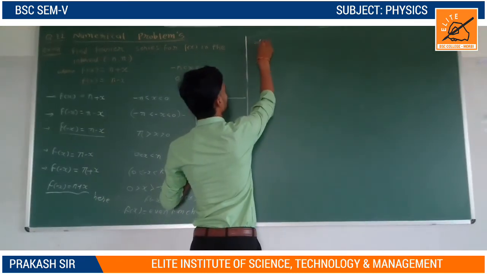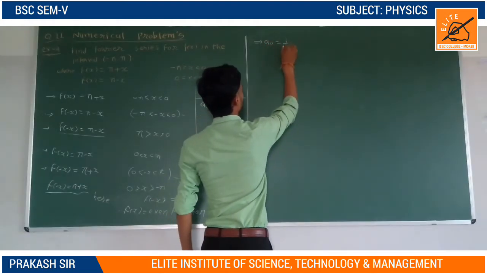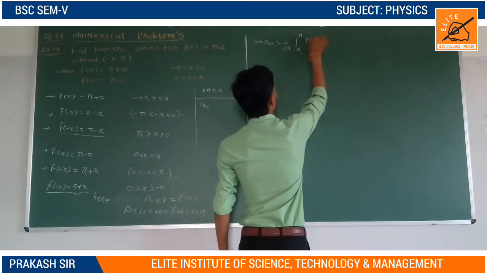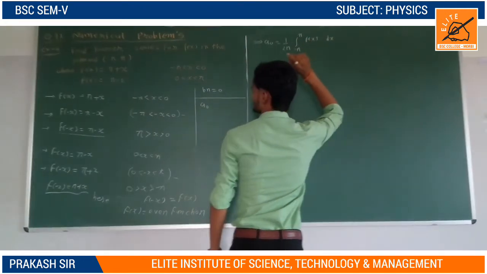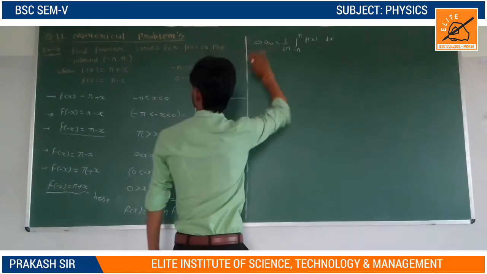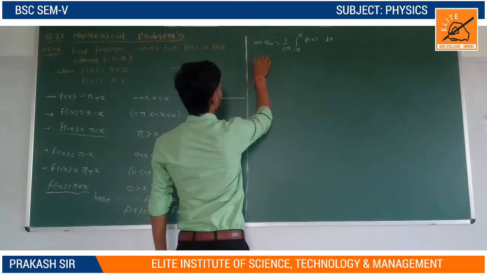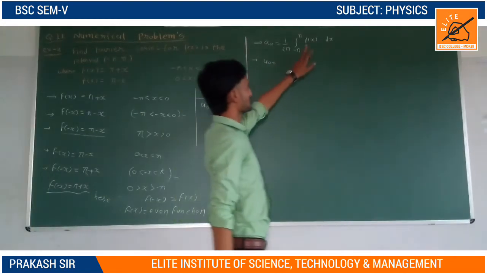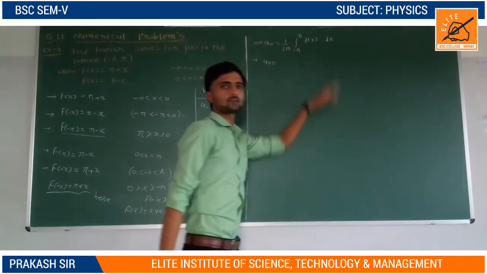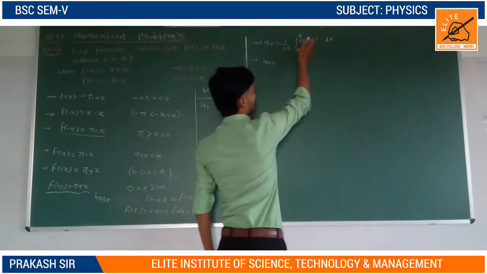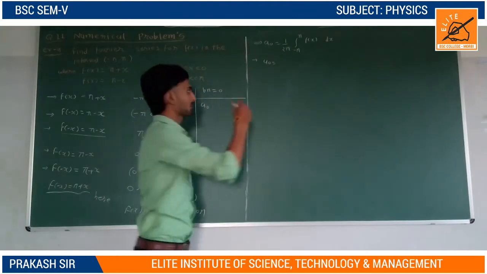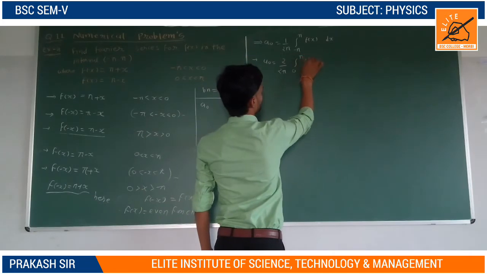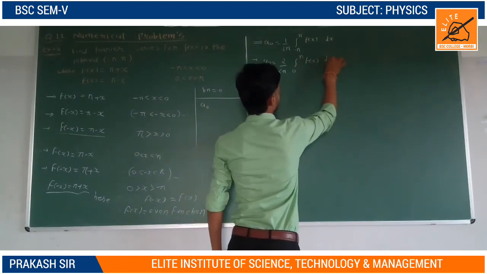Now calculate a0. So a0 is equal to 1 upon 2 pi, integral from minus pi to pi of f of x dx. As f of x is an even function, for an even series the integration is half-range multiplied by 2. So 2 upon pi, integral 0 to pi of f of x dx.